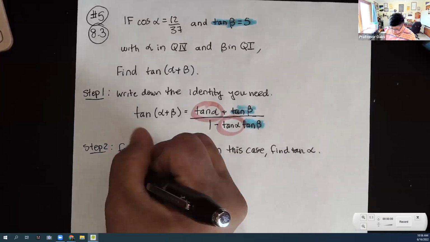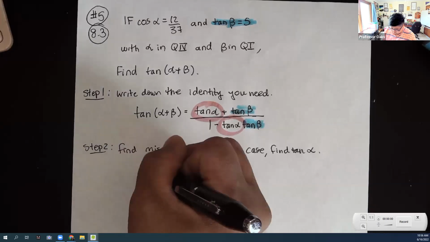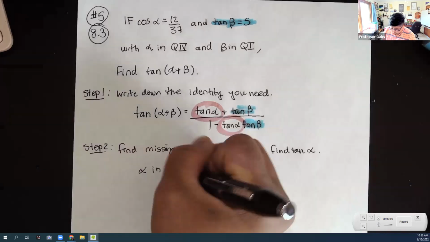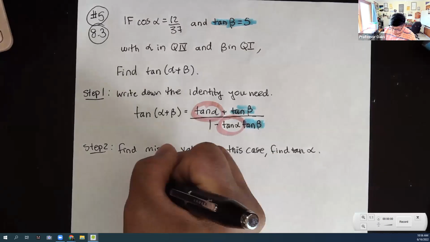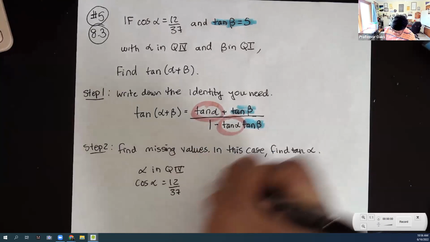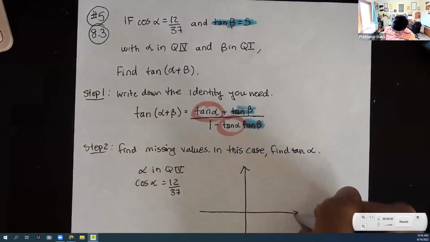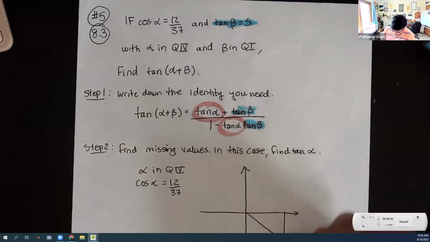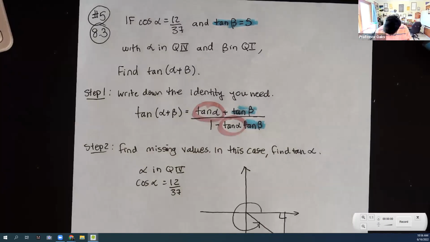if you look at what's going on, alpha is in quadrant 4 and cosine of alpha is 12 over 37. So you can draw the quadrant 4 reference triangle. It looks like this, and this is alpha.